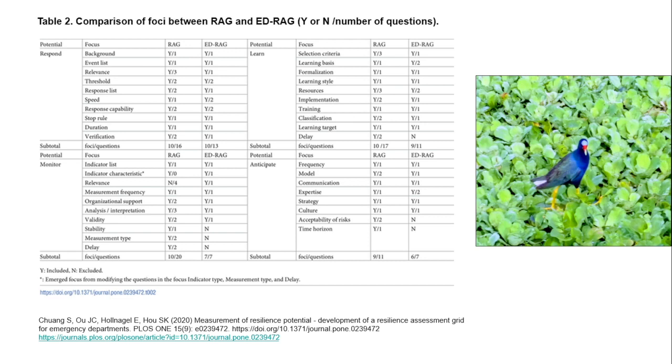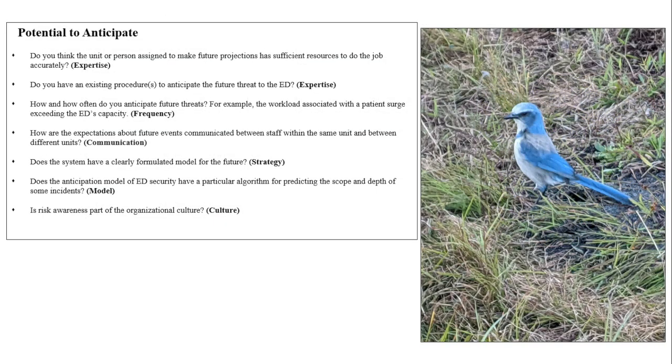They looked at the original RAG, which is the middle column, and then what their ED RAG looked like in terms of questions they specifically created or modified for their emergency department. For example, this is their potential to anticipate, and the questions they used were much more specific. They include the same facets, but were much more specific to their particular microsystem.